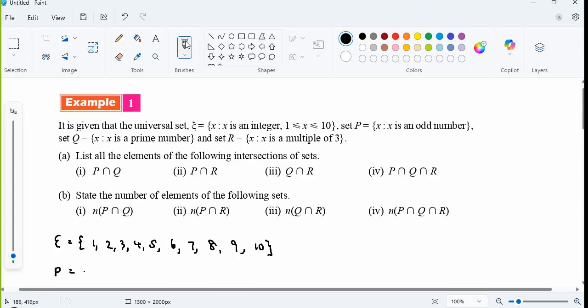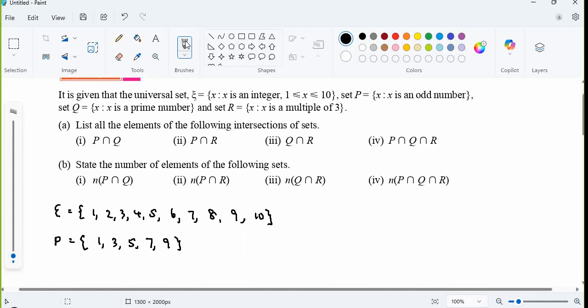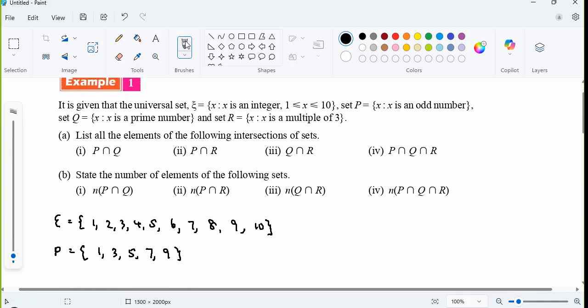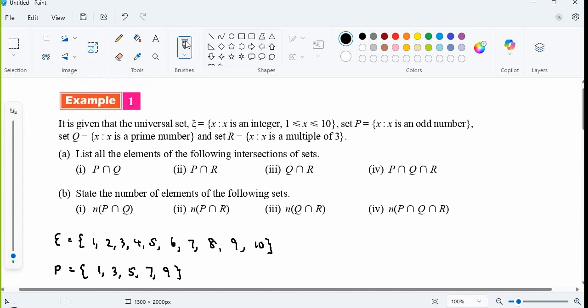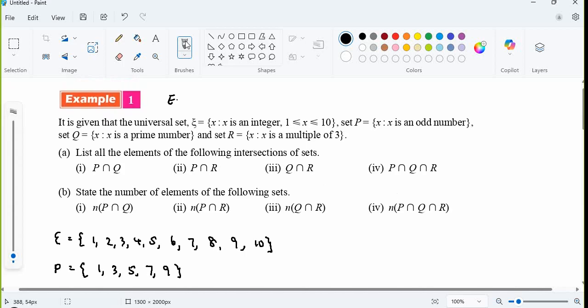And then P is odd number: 1, 3, 5, 7, 9. Odd number is the number that is not divisible by 2. If we want a set of even numbers, then it's 2, 4, 6, 8, 10.